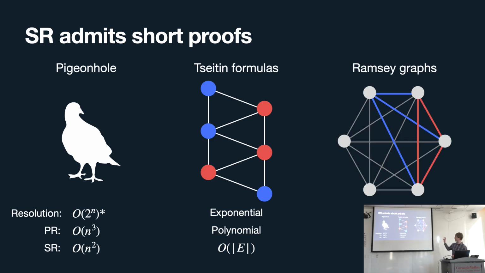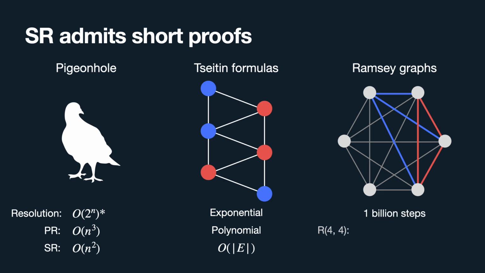Finally, if you want to do SAT solving on Ramsey graphs to show a contradiction, you need 1 billion proof steps for R44. For PR, you need 400,000 proof steps, and for SR, you only need 38. So there's clearly some additional strength that you get from SR. Our talk will focus on these.